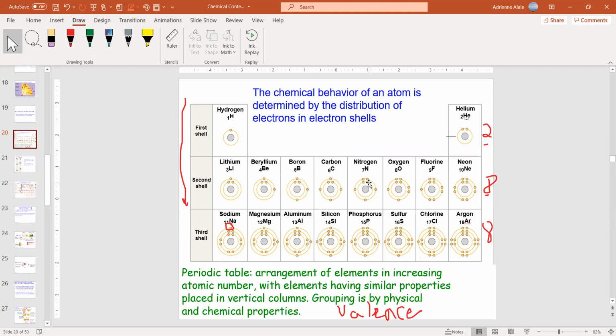It only has two shells. So the only thing shielding the positively charged nucleus from those valence electrons, the unpaired ones that would bind, is just two electrons in the first shell. So there's not a lot of shielding. You just have two electrons whizzing around and blocking the pull of the positive charge.